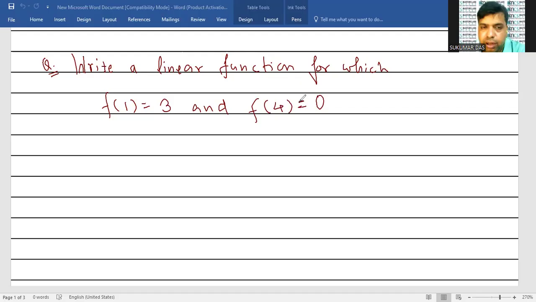So write the equation first and then draw the graph. Graphing is not that tough. You first find out the linear equation.